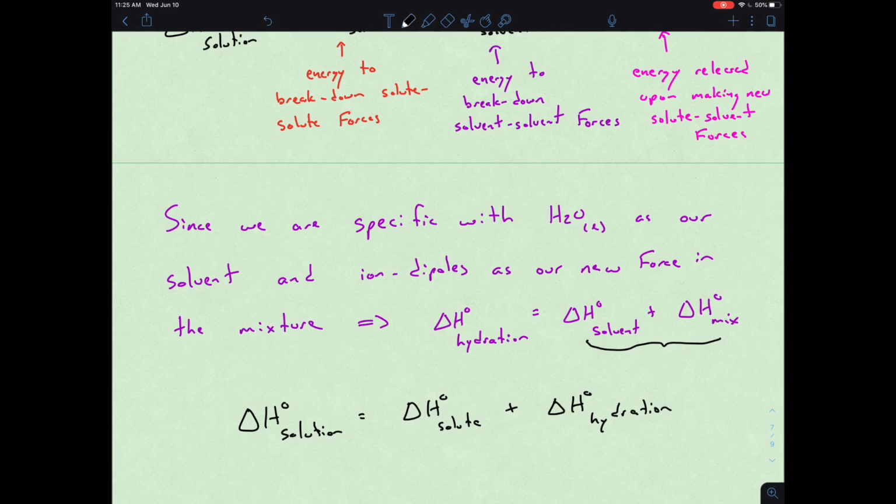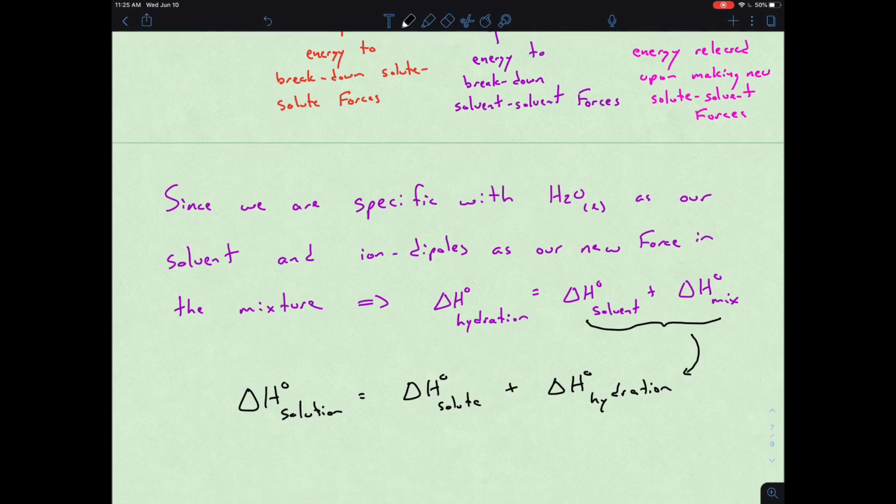So that's again because of the specifics that we're seeing with water. We are specific with H2O. And we're also specific with our ion dipole as our new force because we're talking about electrostatic forces of attraction or ionic molecules being dissolved.